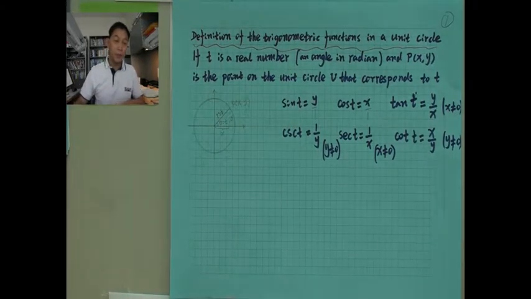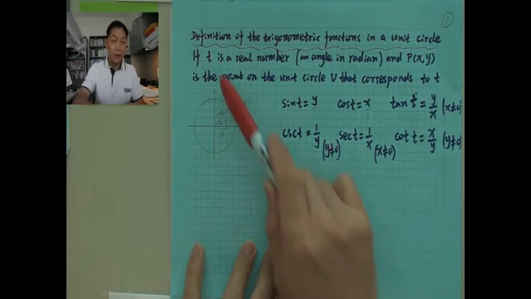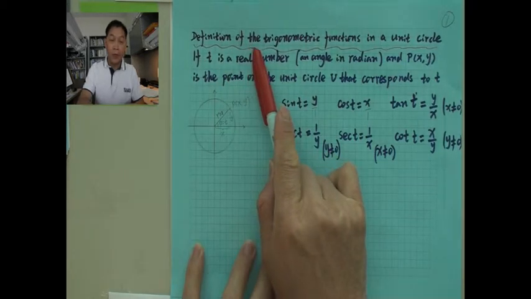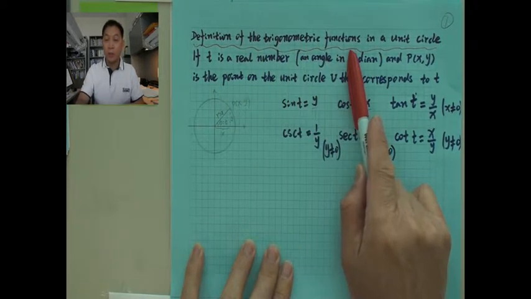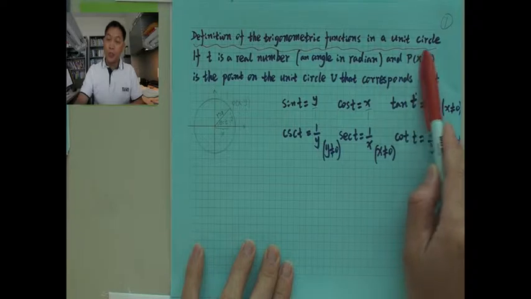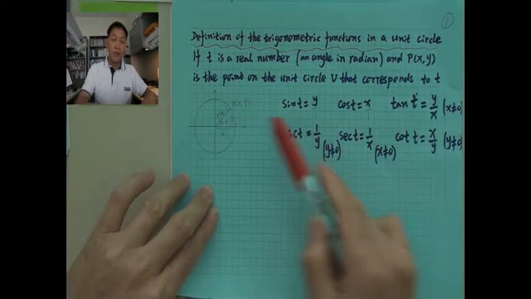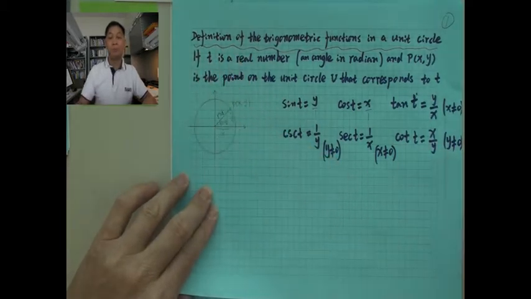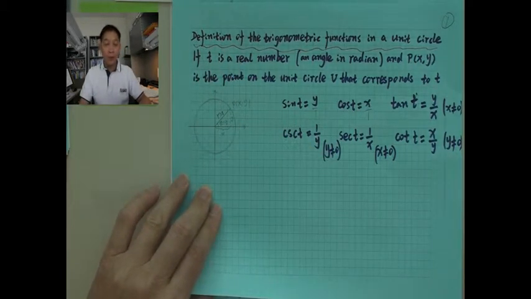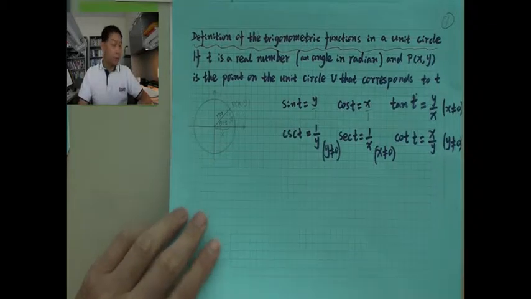In this lecture, we will talk about the definition of the trigonometric functions in a unit circle. So it's still about definition. Before we do this, let's recall what we did before.